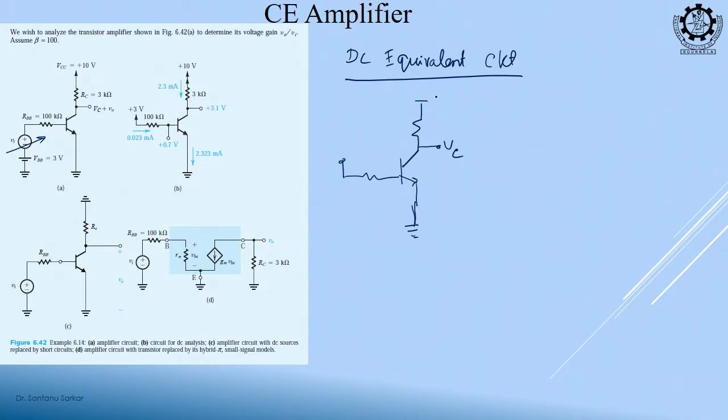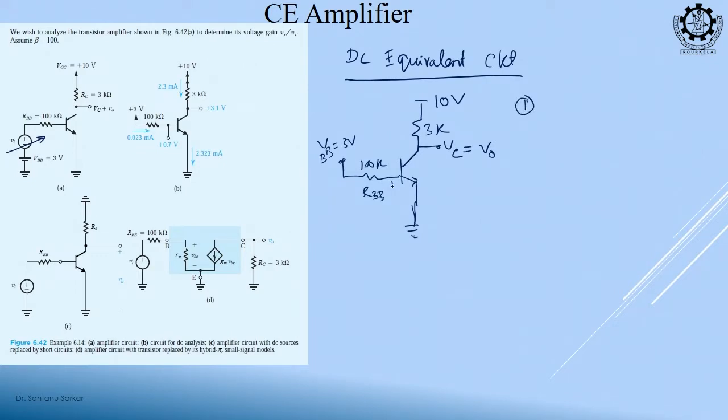So, what are the values given? This is 10 volt, this is 3 kilo ohm, this is 100 kilo ohm, let us say this is RB, and this VBB is equal to 3 volt. What is the first step?